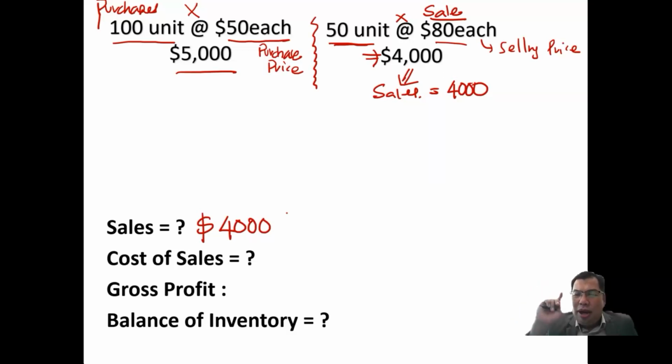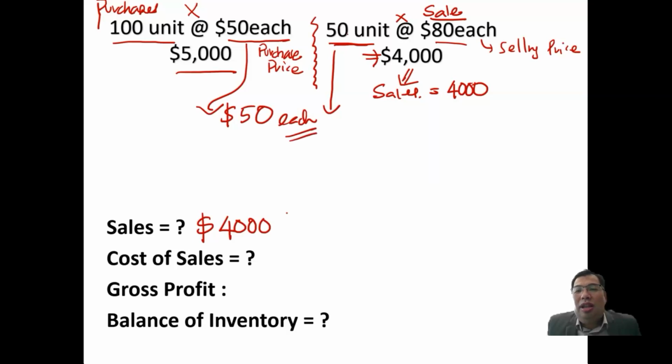Okay. What is the cost of sale? The cost of sale is what is the cost for me? What is the cost of these 50 units? This is my sale. What is the cost of this calculator? $50 each.